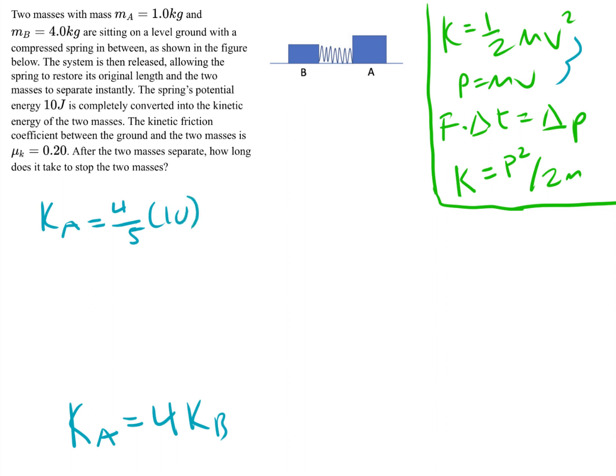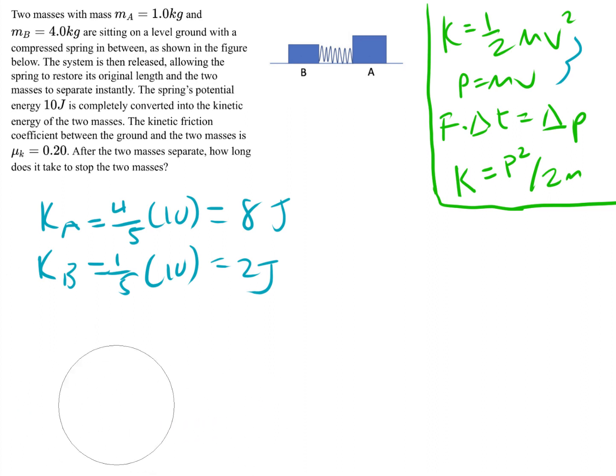This is because it is 4 times the kinetic energy of B. And the kinetic energy of B is the remaining kinetic energy, or 1/5 of the total of 10 joules. Now if you simplify this, the kinetic energy of block A is going to be 8 joules, and the kinetic energy of block B is going to be 2 joules.